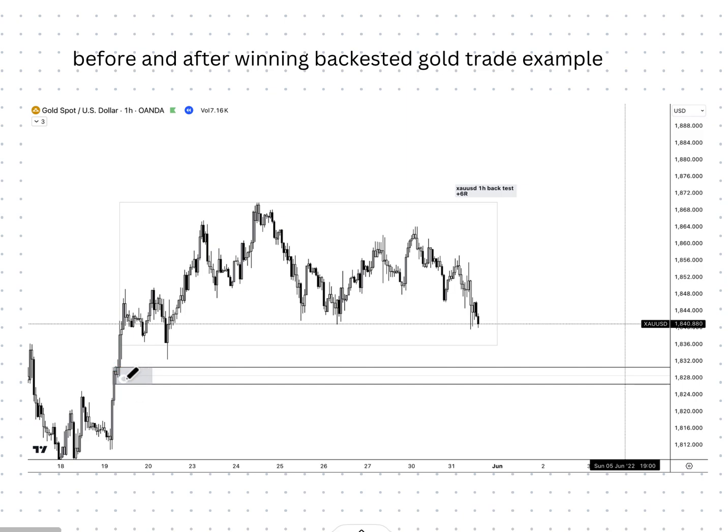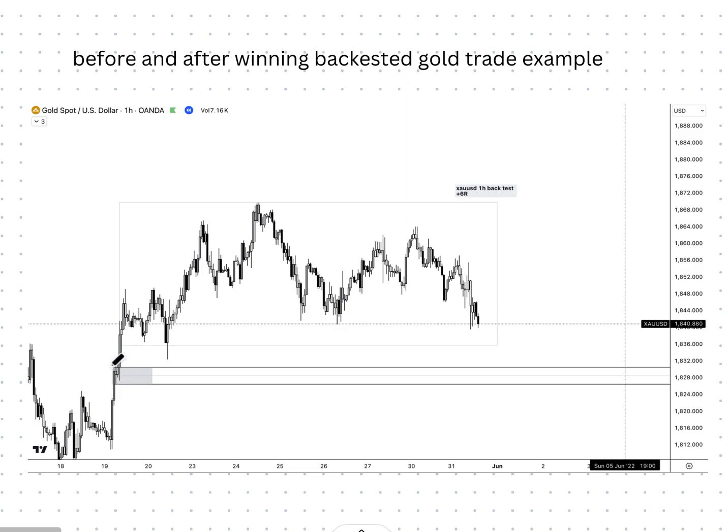However, we had a strong, sharp move up, which means that there were no more sellers at that price, and the market had to spike up in order to find sell orders to match the buy orders, right?